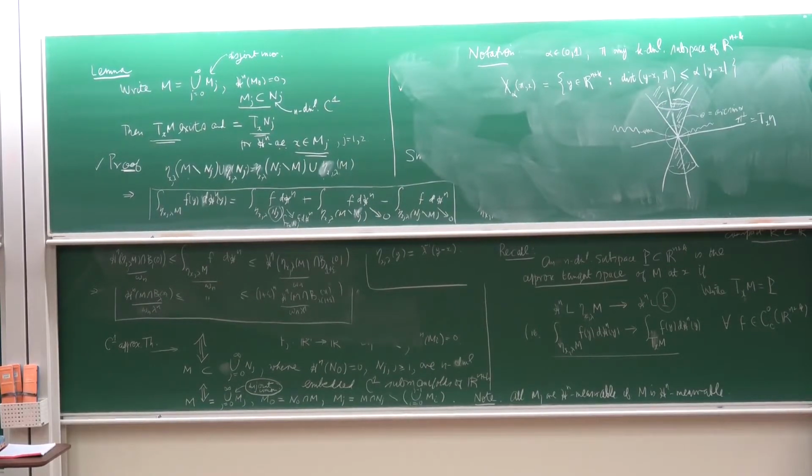Rademacher says that it's classically differentiable almost everywhere, so the graph has a classical tangent plane almost everywhere. The trouble is that doesn't mean the tangent plane is continuous. It's discontinuous at various points and could be discontinuous on a set of positive measure as well.